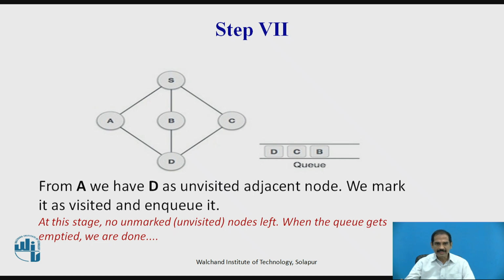We mark it as visited and enqueue it into our queue. Now the contents of our queue are B first, then C, then D. At this stage, we have no unvisited nodes left. When the queue gets emptied, we are done.